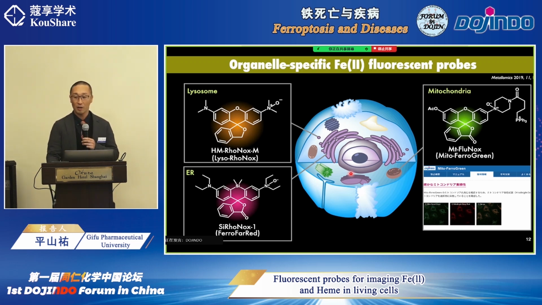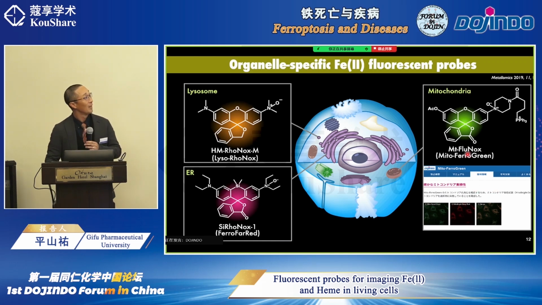We have several types of fluorescent probes, and lysosome, ER, and mitochondria-specific fluorescent probes were used at the same time. And it is important that these three fluorescent probes have similar responsiveness, but different colors and different targeted organelles. And one of these mitochondria-targeted ones is commercially available from Dojindo.